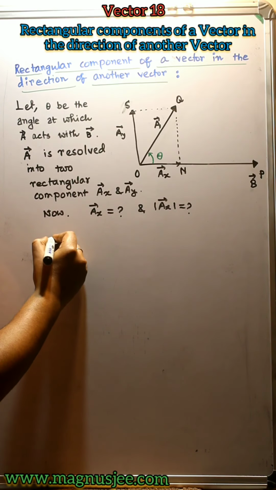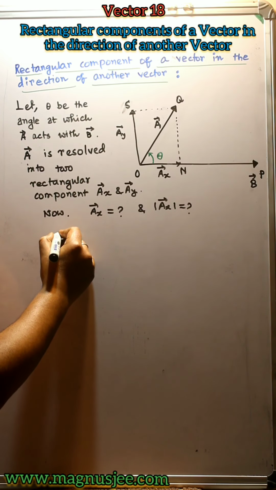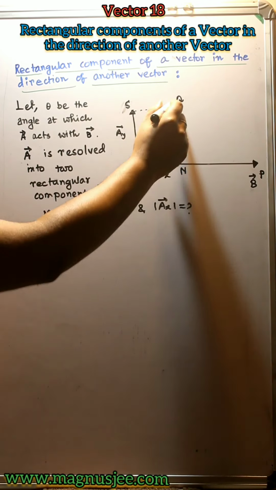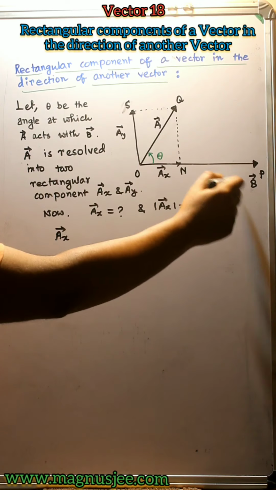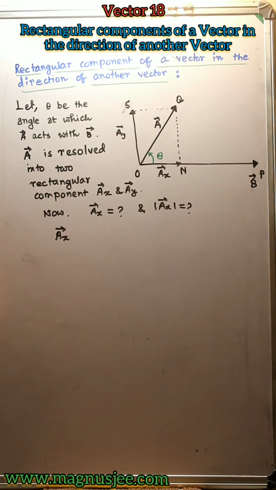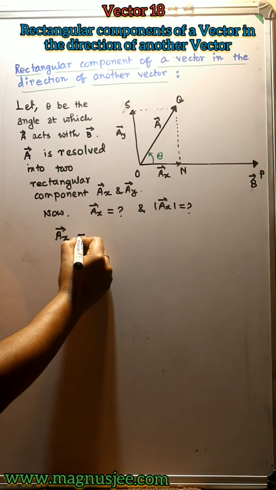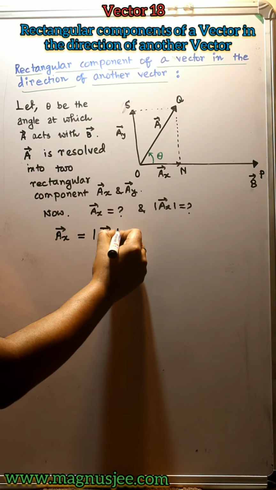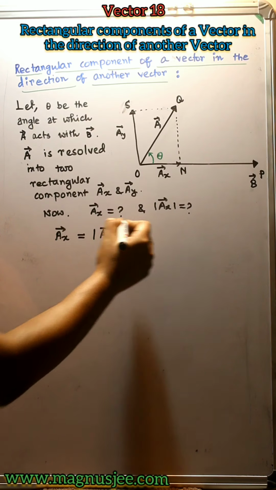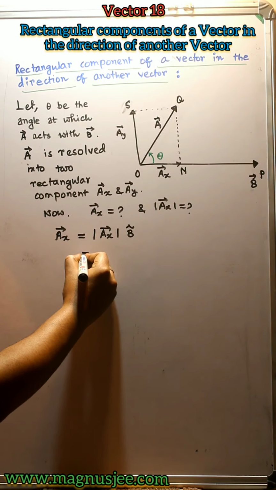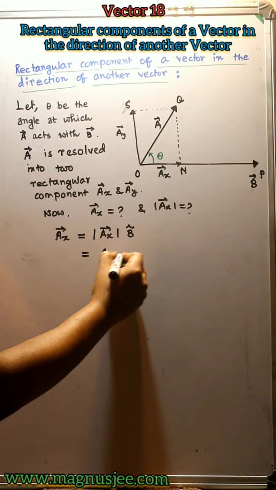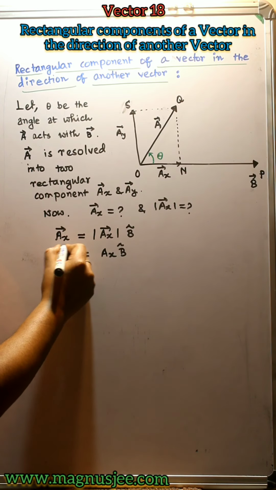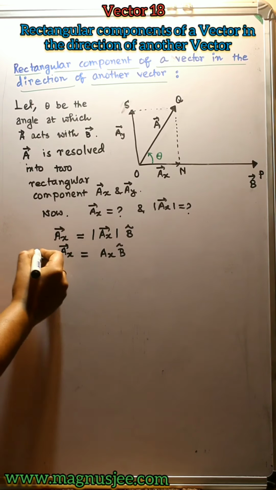The component vector Ax acts along ON in the direction of another vector B. Now vector Ax equals mod vector Ax B cap. Vector Ax acts in the direction of vector B, that's why we write vector Ax equals Ax B cap.